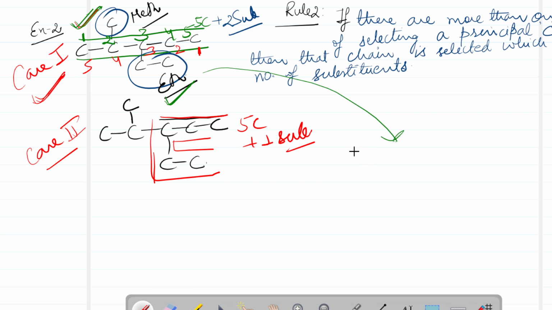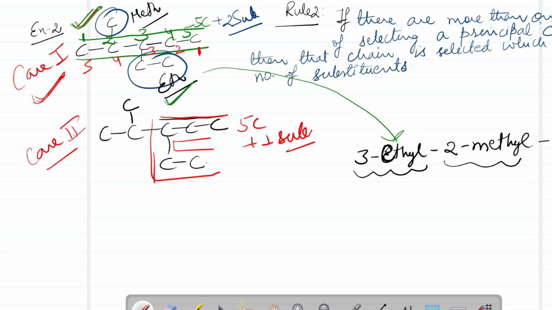So it is 3-ethyl-2-methylpentane. 3-ethyl, it is a substituent; 2-methyl, it is a substituent; pent, it is the root word; ane, it is the primary suffix, right. So it is the name of this organic compound.